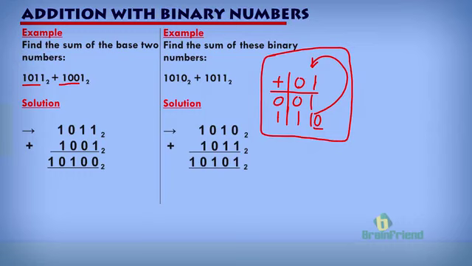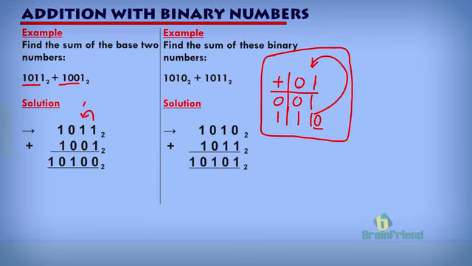Now, from our rules, let's see how we can do our addition. So we have 1 and 1. Remember we said this will be what? 0 will be our answer, and then we'll carry 1 over to the next significant bit.